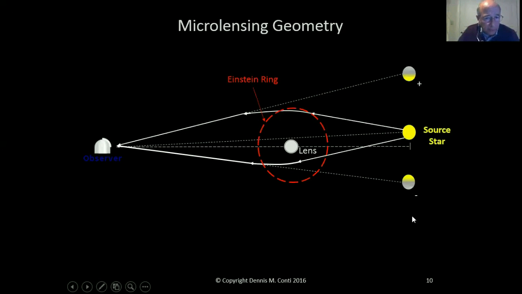So as the source star moves in its direction with a certain velocity, its light rays get magnified from the point of view of the observer.